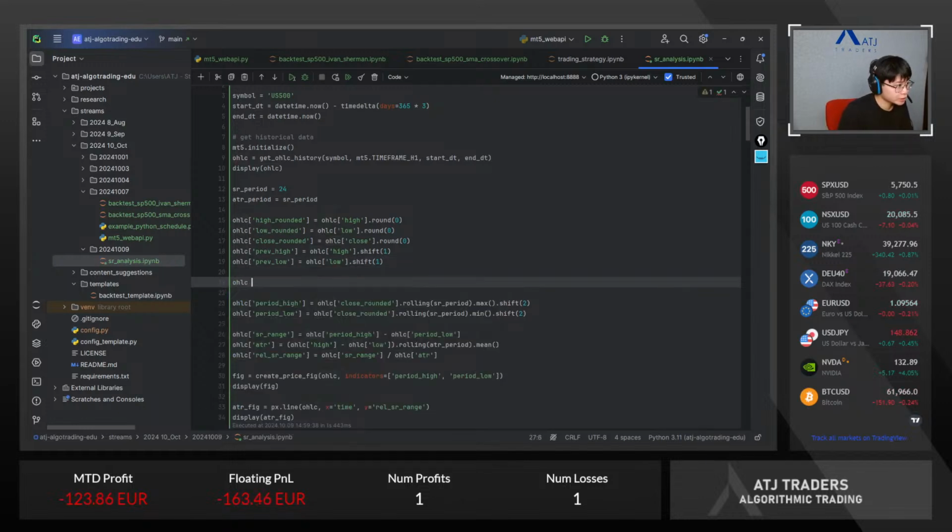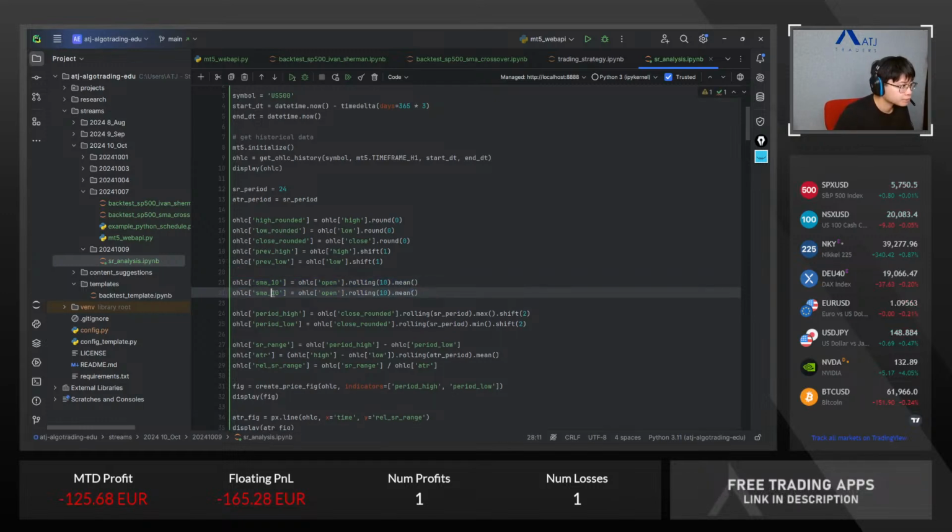So OHLC SMA 10 is equal to OHLC, take the open price, rolling 10 mean, and I will also take the SMA 200. And here I take the 200 mean.